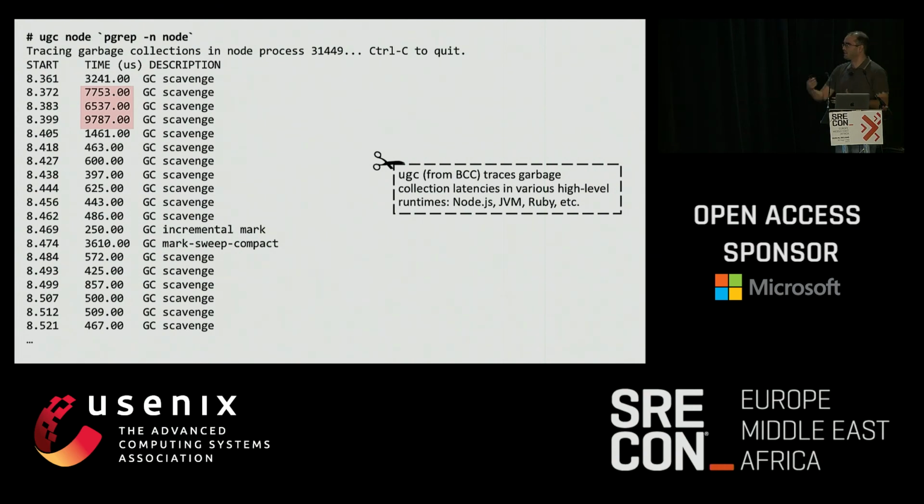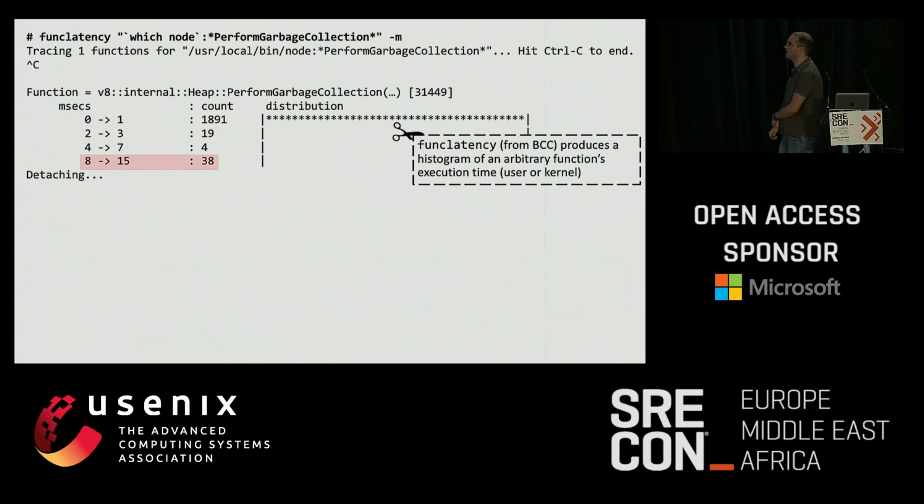And for the extra advanced bonus points, you can also trace actual C++ functions in the V8 runtime, and in this case, get a histogram that tells you the latency of your garbage collections. So how many garbage collections you had that took under a millisecond, how many between 2 and 3 milliseconds, 4 and 7, 8 and 15, and so on. That gives you a GC latency for your Node application.